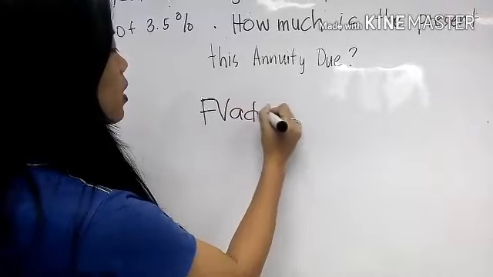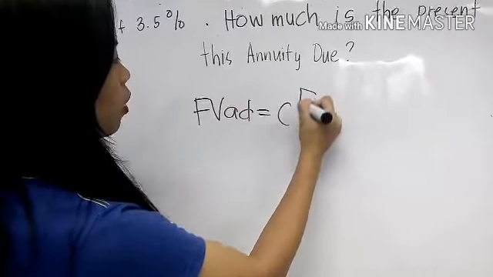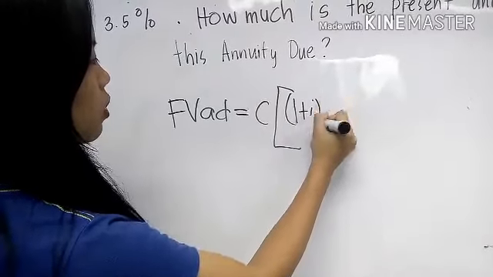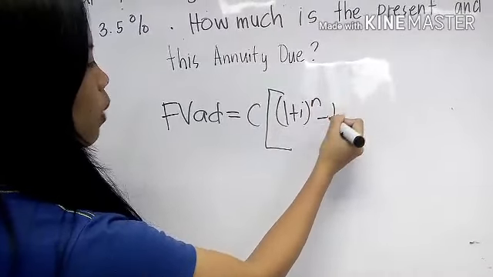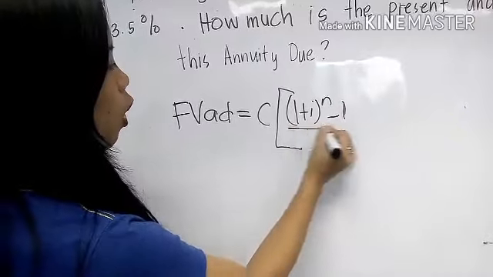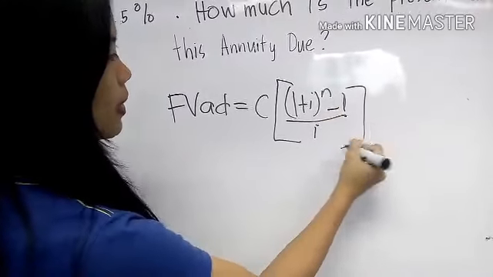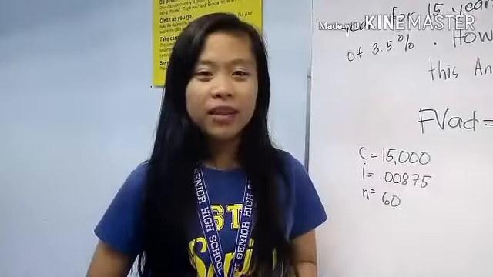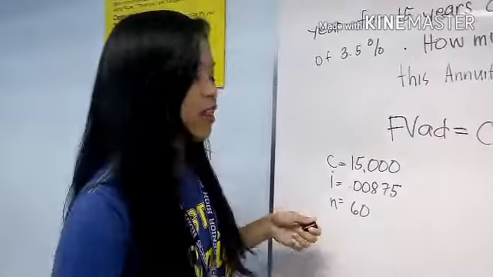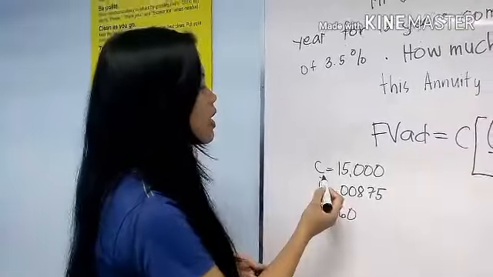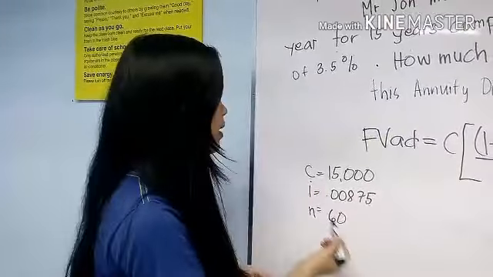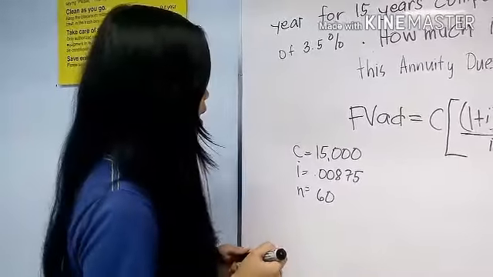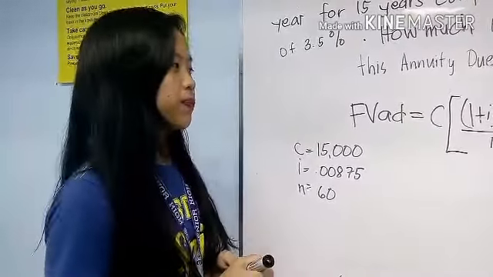Then, for the future value of annuity due, the formula is FVAD equal to C quantity (1 plus I) raised to n minus 1 over I times 1 plus I. Again, as we said earlier, C is equal to 15,000, I is equal to 0.00875, and n is equal to 60.